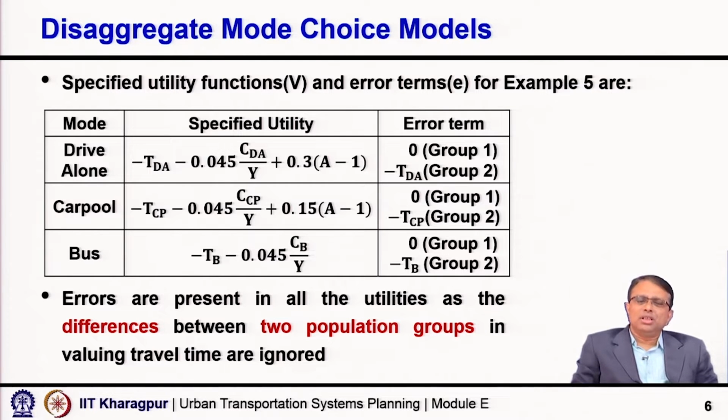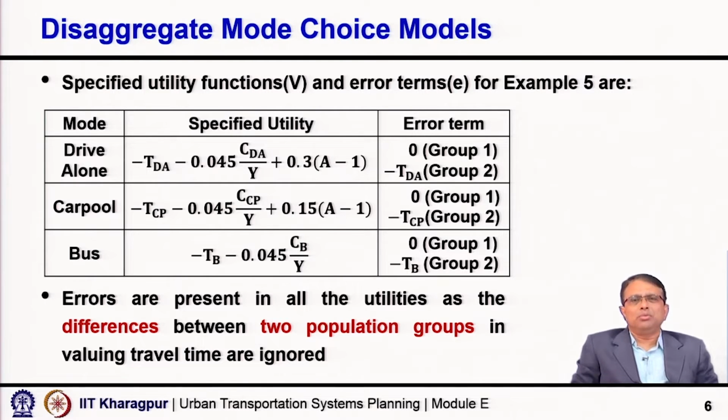But we have seen in that example that group 2 put much higher weightage, double weightage, to the travel time. So, in that case, whatever we considered was actually appropriate for group 1. So, the error was 0 for group 1 in the case of drive alone, carpool and bus.